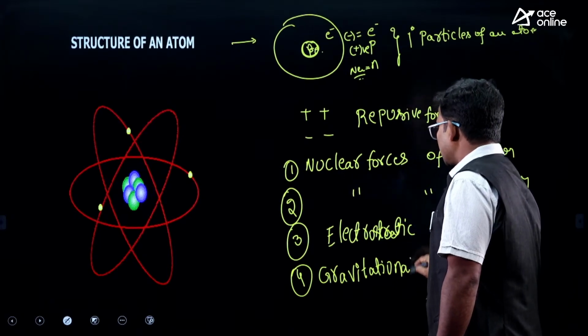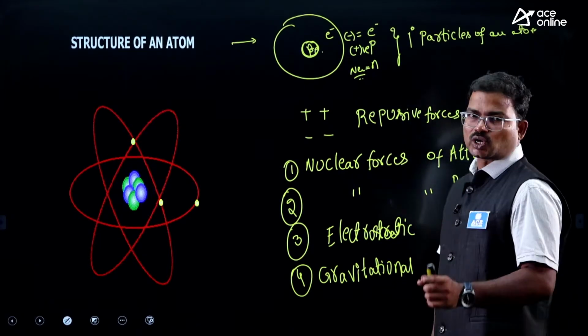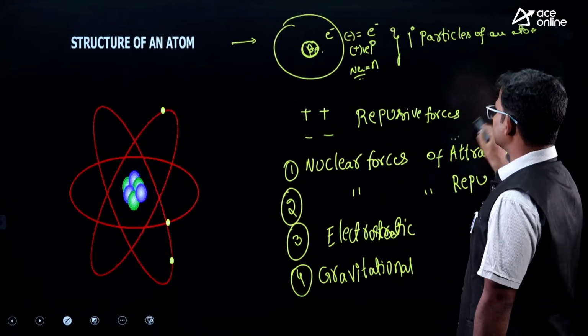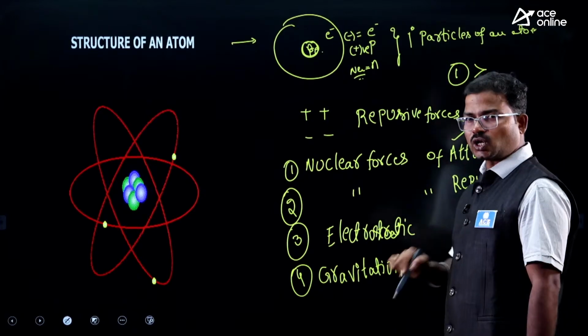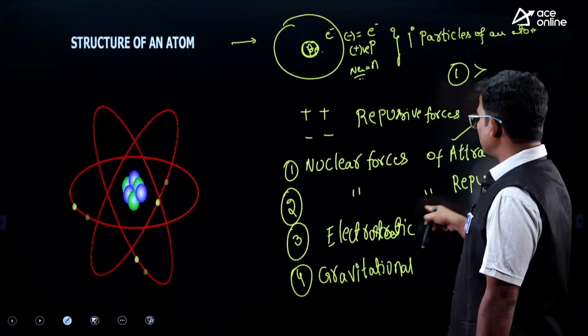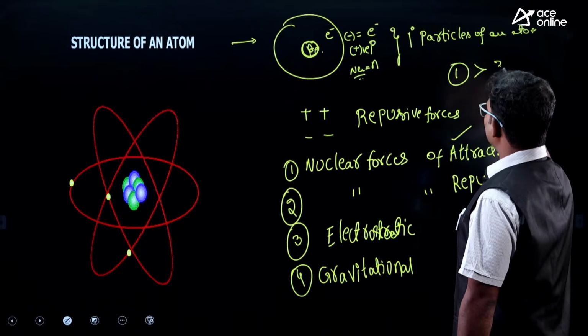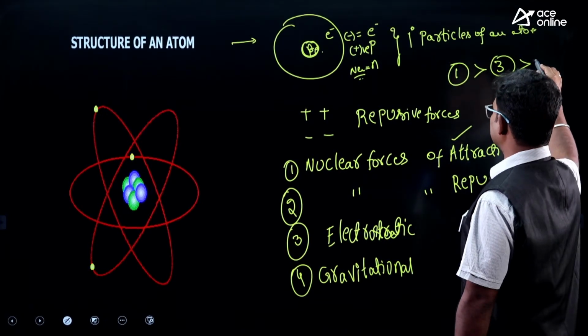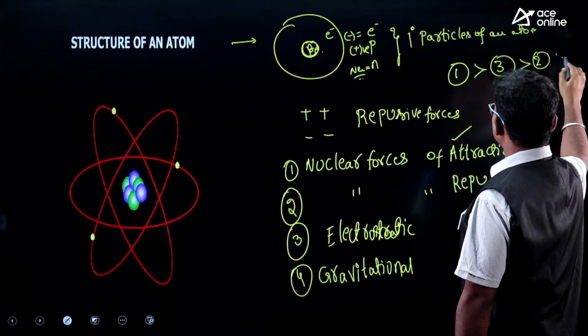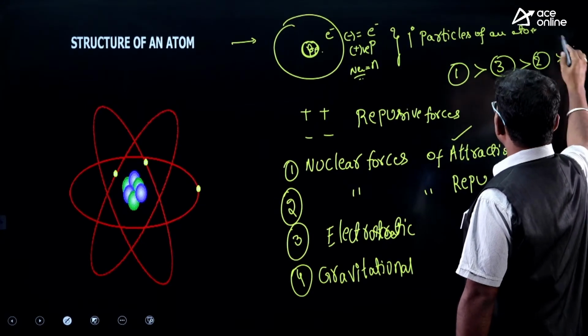Among these four forces, which is the strongest one? Of course, nuclear forces of attraction. Nuclear forces of attraction is considered the strongest force in the universe. What about the next one? Electrostatic forces. Next, nuclear forces of repulsion. And the last one is gravitational forces.